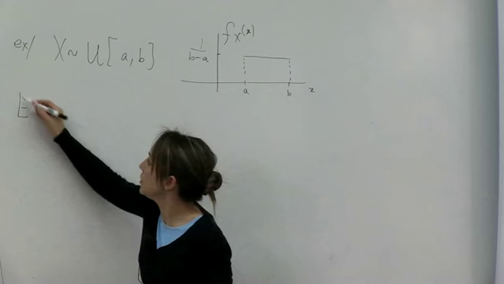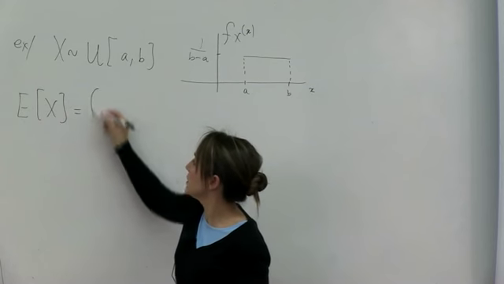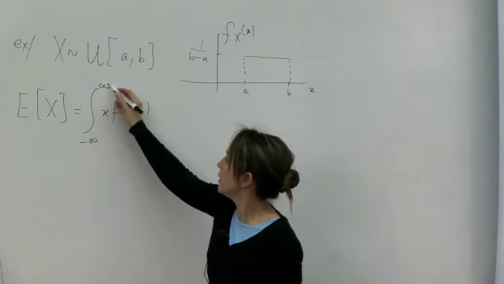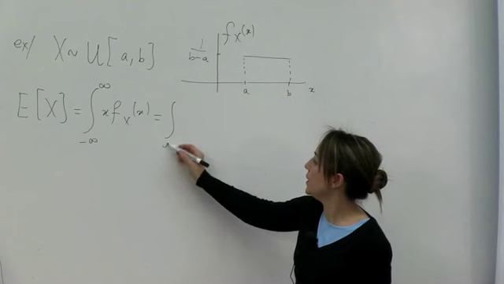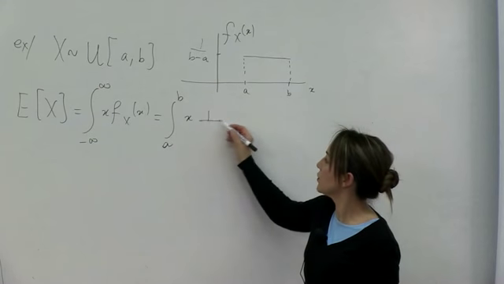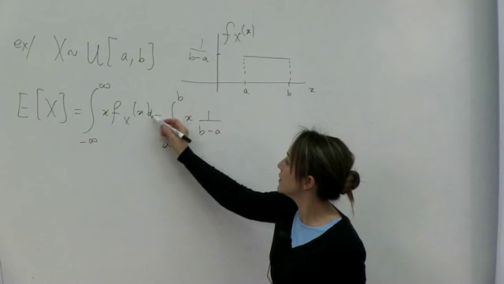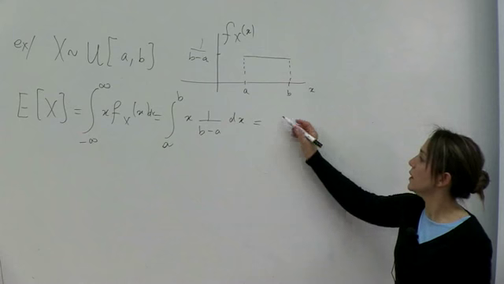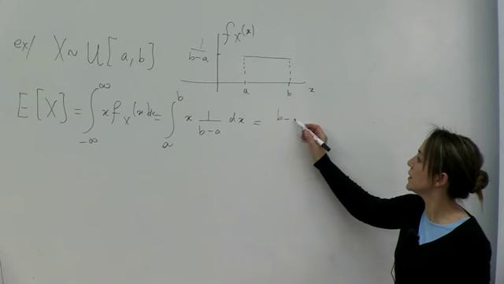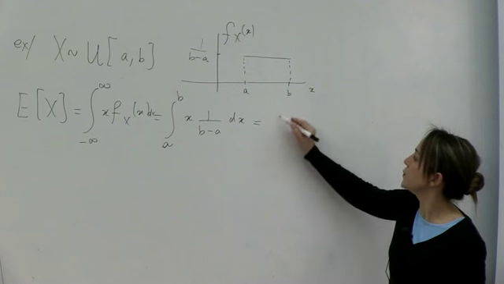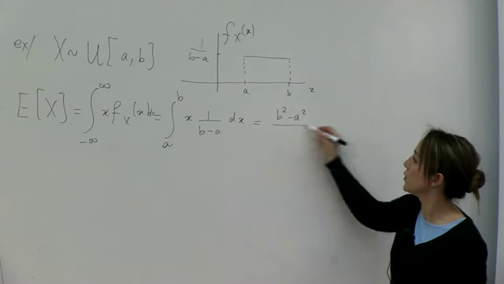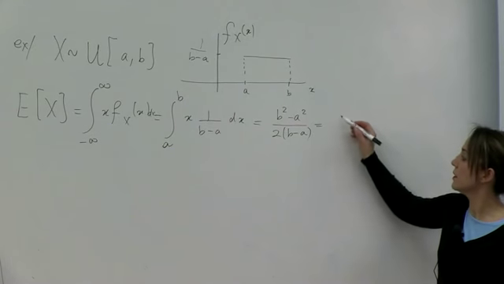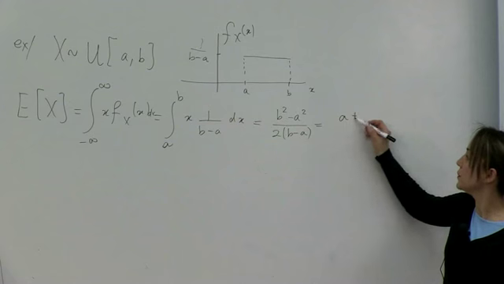So the expectation of x is the integral of x times f_X of x, which is the integral from a to b of x times 1 over b minus a dx, which is b squared minus a squared over 2(b minus a), which is a plus b over 2.